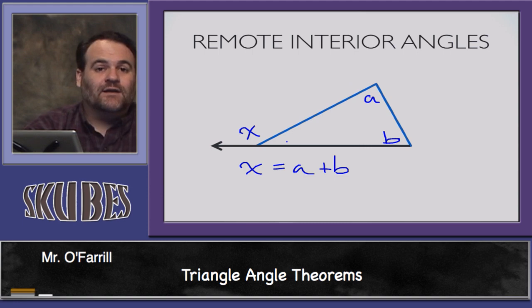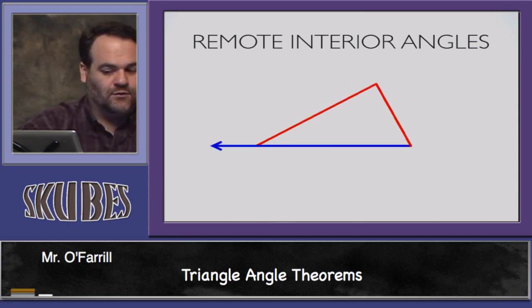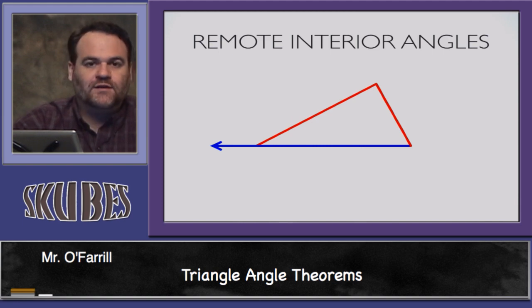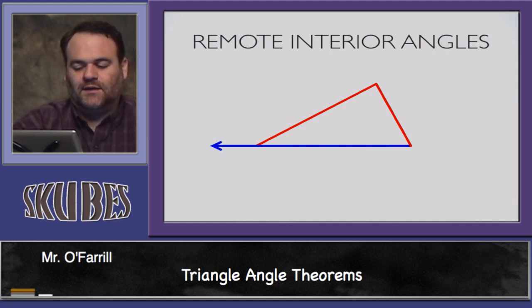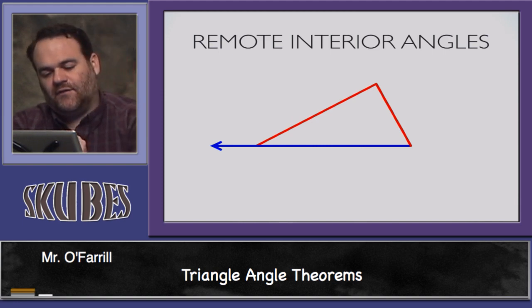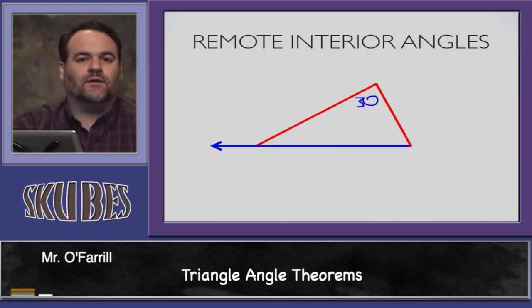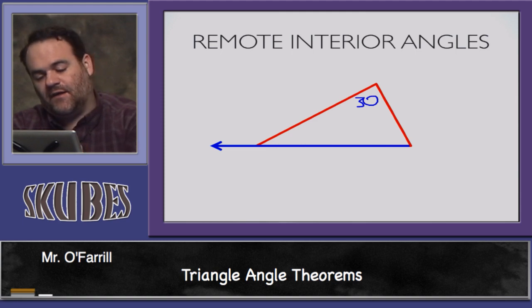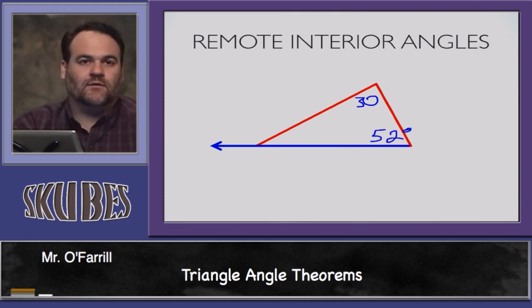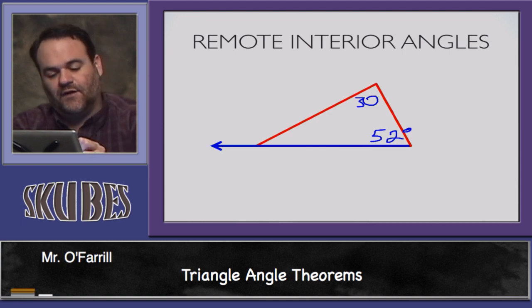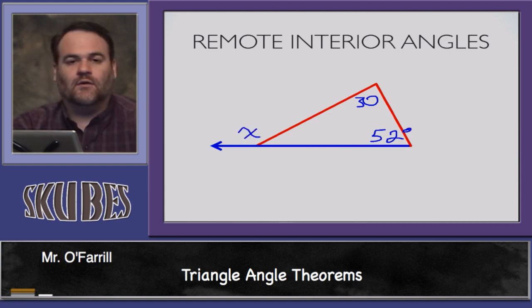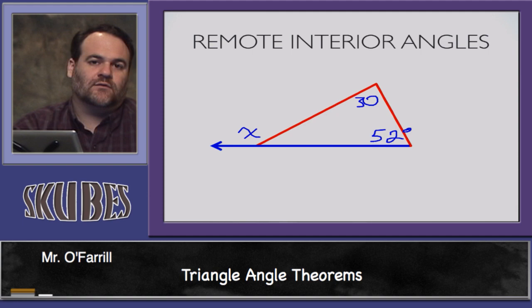And now that we know that, let's go ahead and apply that in a couple of problems. We'll just do two of them. For this triangle, let's say that we have a 30-degree angle here, and we have a 52-degree angle here. What is the value of this angle x?